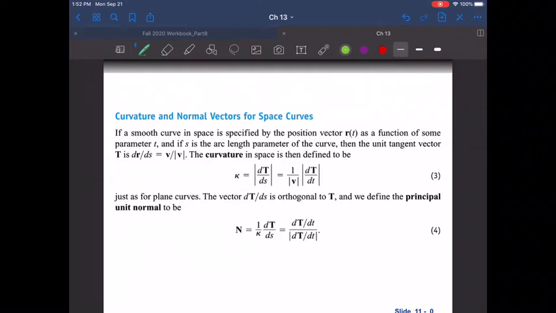Just as for plane curves, the vector dT/ds is orthogonal to T, and we define the principal unit normal to be N equals 1 over kappa times dT/ds, which is just dT/dt over the magnitude of dT/dt, like we're taking the unit vector of the derivative of our unit vector.